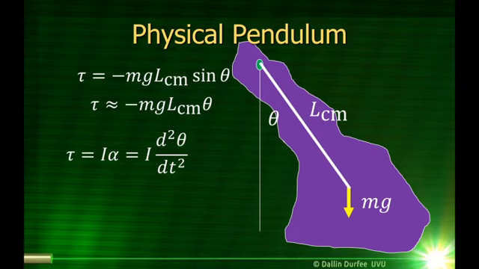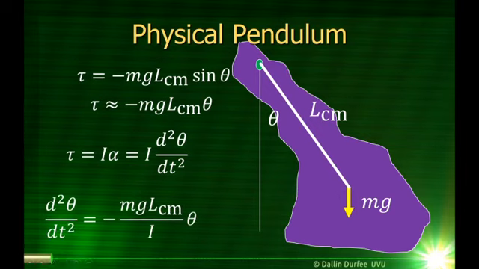In this case, we're not going to plug anything in for I because it could be whatever it is, right? It's just I for this arbitrary blob of solid mass about the pivot point. That's the important thing to remember, though. It's the moment of inertia about that pivot point, because that's the pivot point we measured the torque around.